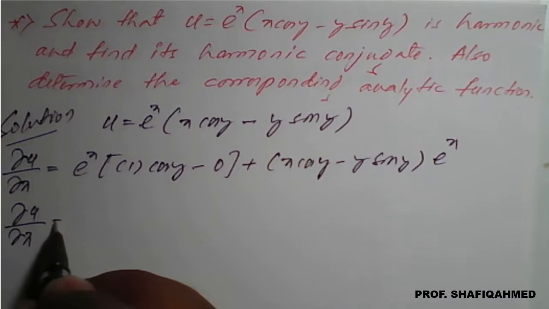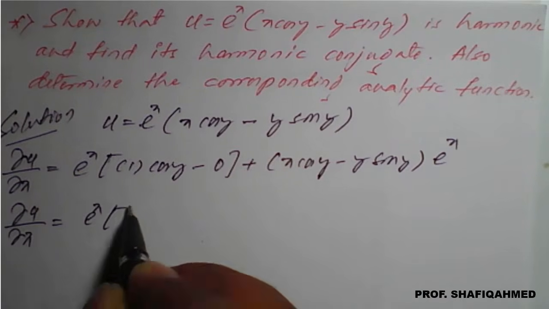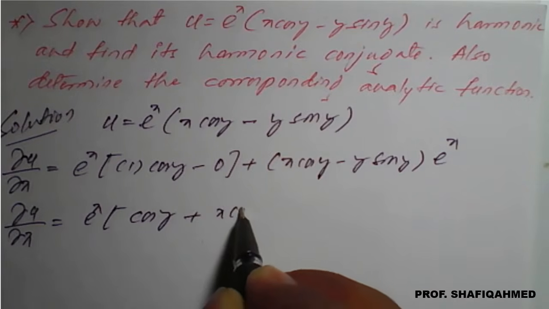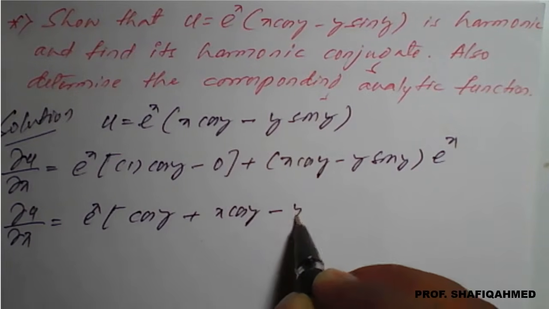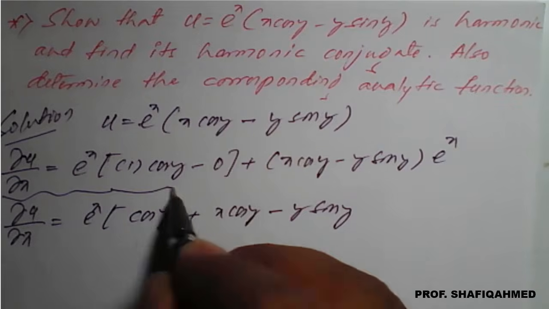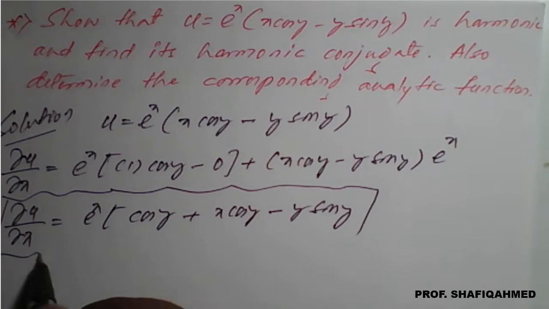So dou u by dou x will be e raised to x into (cos y plus x cos y minus y sin y). So this is the value of dou u by dou x.